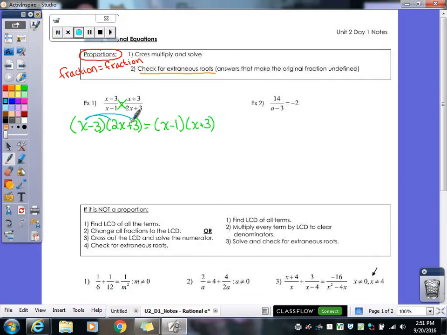I've got to do x times both of those, negative 3 times both of those. So I get 2x squared plus 3x minus 6x minus 9 equals, and the same thing over here. I've got to do my double distributive. So I get x squared plus 3x and negative 1x minus 3.